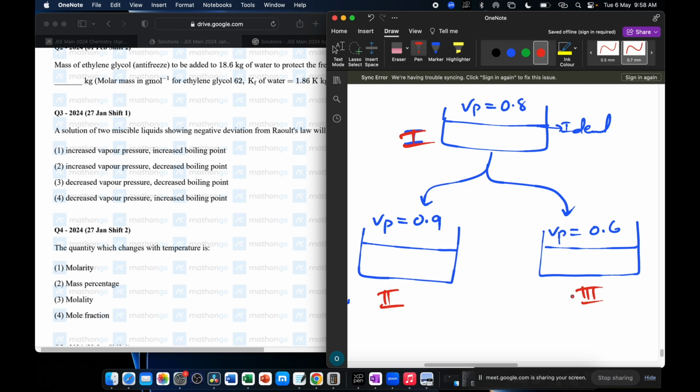Tell me, unmute and say it. Maunika, tell me. Second one is positive deviation, third one is negative deviation. Yes, correct. So this is positive deviation, I'll write it here, positive deviation. So this is negative deviation.